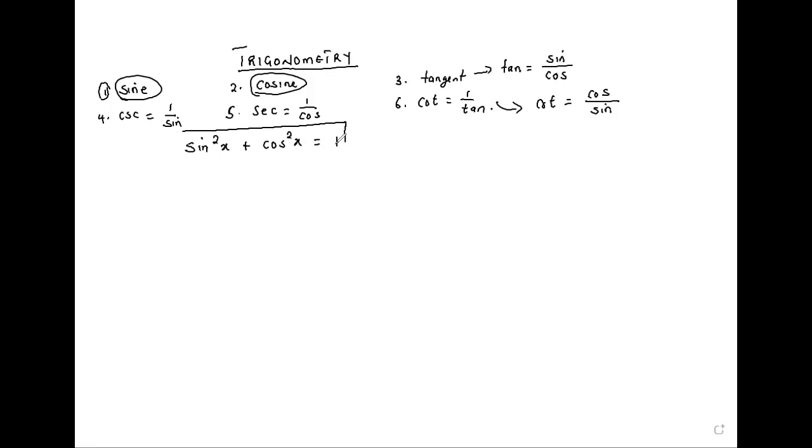This is the most important identity. It's very, very important. If you square sine and square cos, the sum will always be 1.